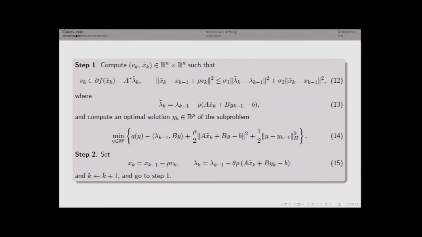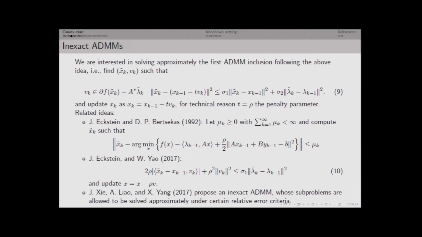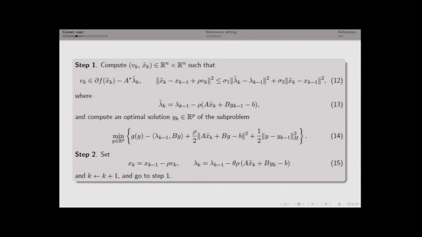But what happened here? I'm interested in this relaxation parameter. In Eckstein's paper, he didn't consider the relaxation parameter. He considered this inexact version, but the relaxation parameter is equal to 1, so it's the pure ADMM. We are interested in this relaxed ADMM.